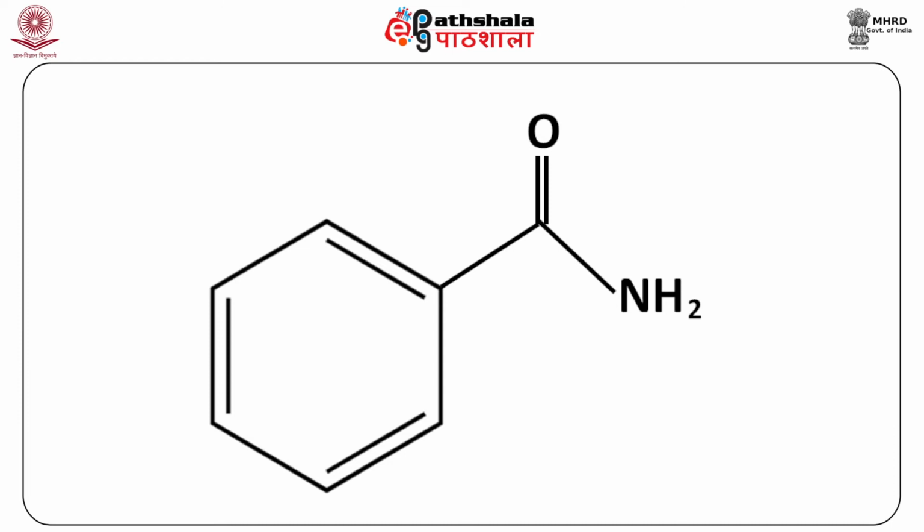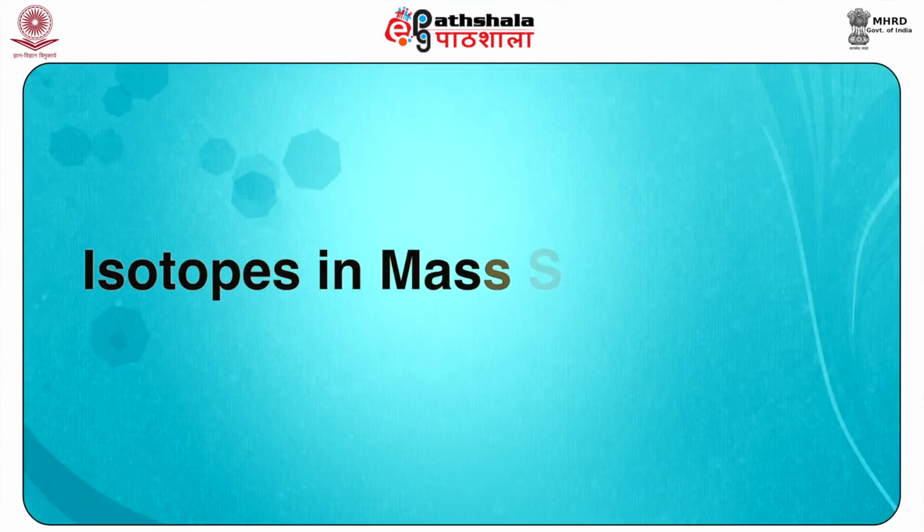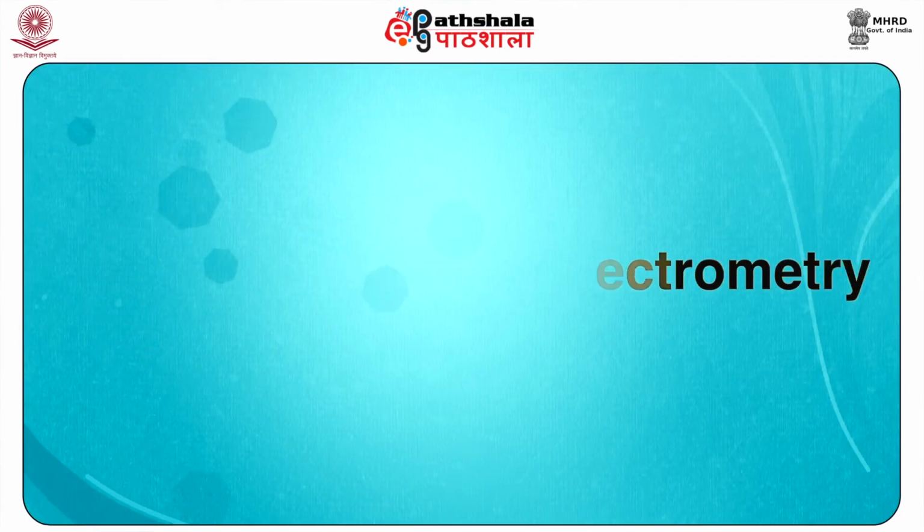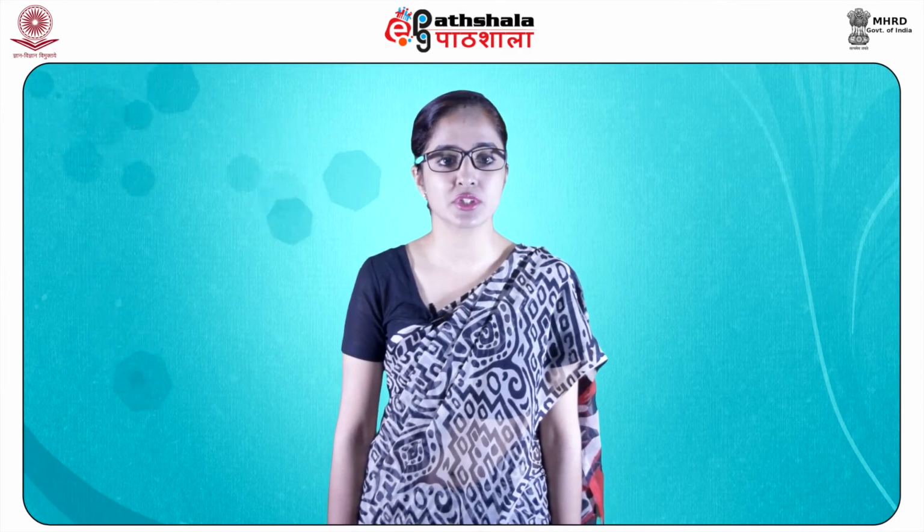Now let us come to the most important concept in mass spectrometry, that is isotopes in mass spectrometry. A mass spectrometer separates and detects ions of slightly different masses and easily distinguishes different isotopes of a given element. Now this is the most distinguishing and important point of mass spectrometry.